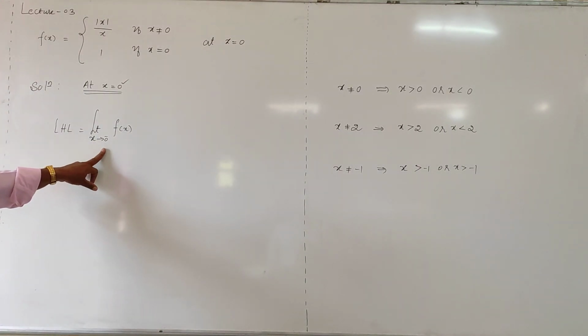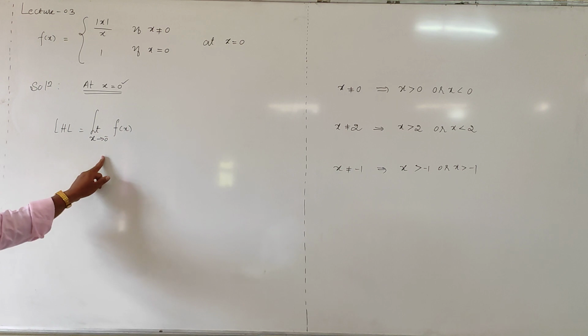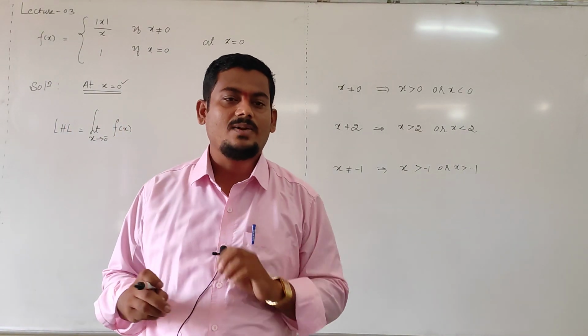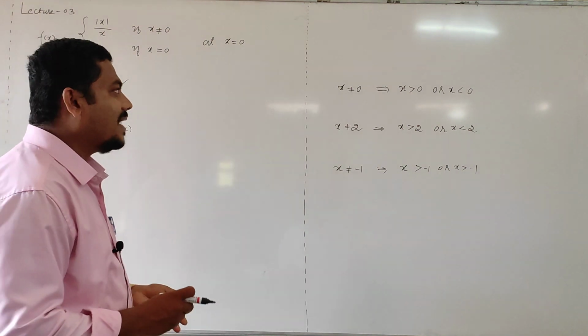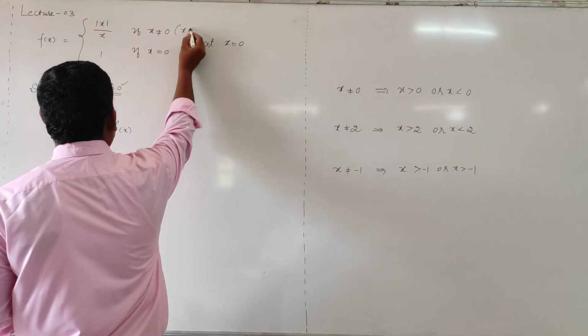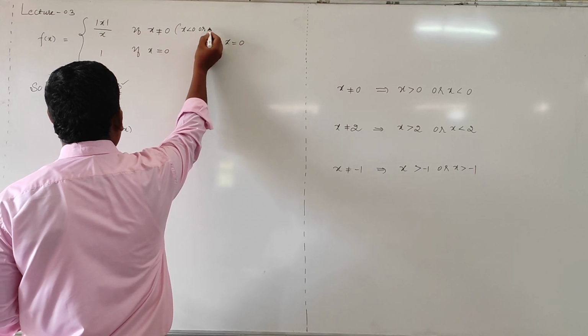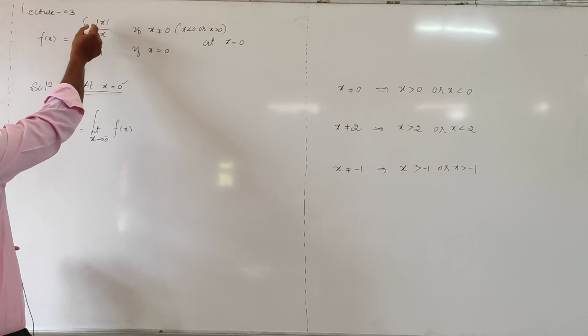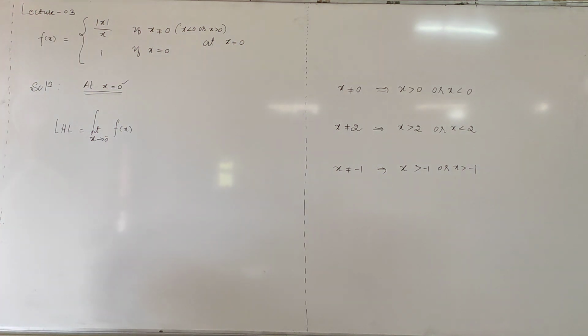Tending to 0 minus, what is the meaning of tending to 0 minus? It means x value less than 0. Here x not equal to 0 is given, so x value may be less than 0 or more than 0, right? Which means for both LHL and RHL it is the same function only.